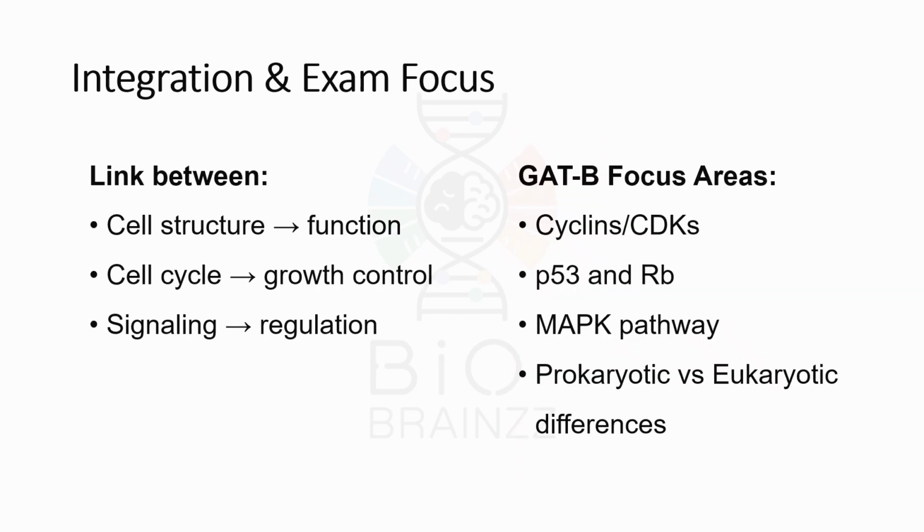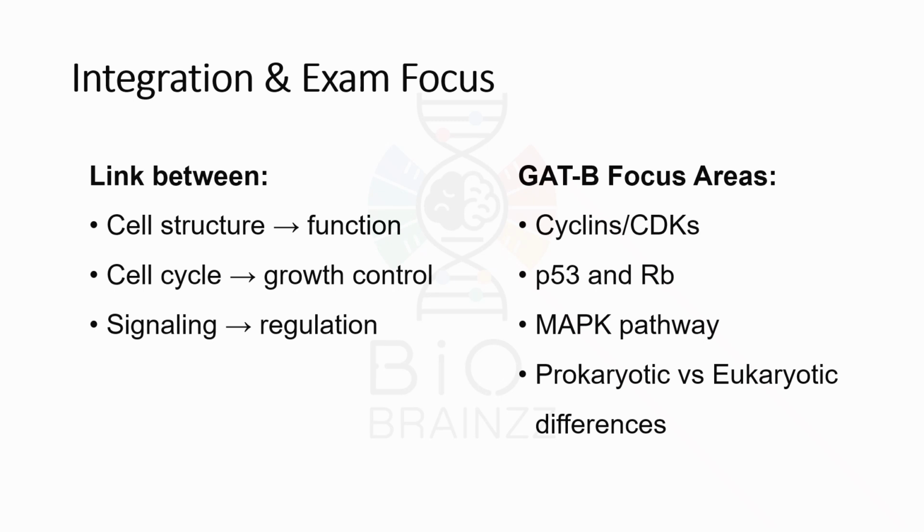Integration and exam focus. This slide is very important for revision and exam preparation. It shows how all topics are interconnected. Cell structure determines function, cell cycle controls growth, and signaling regulates all these processes.